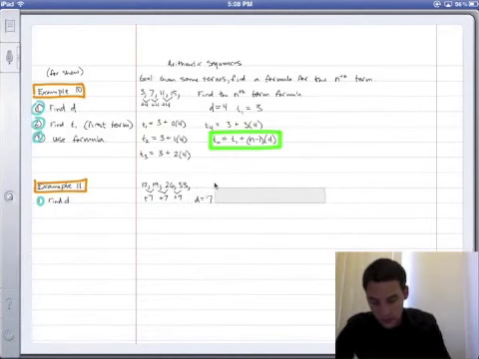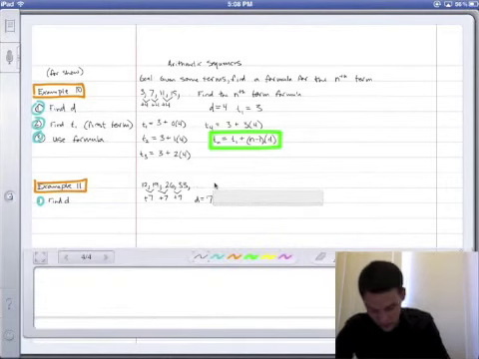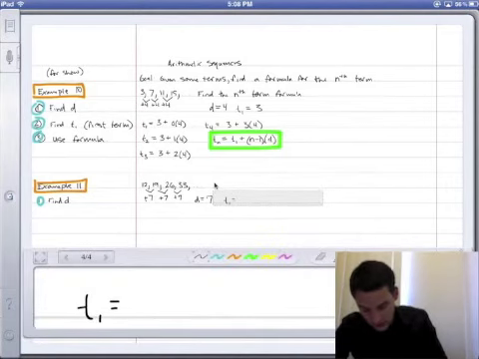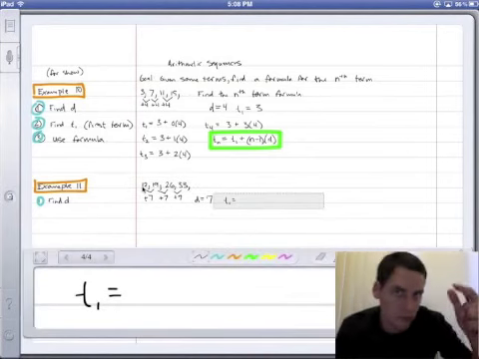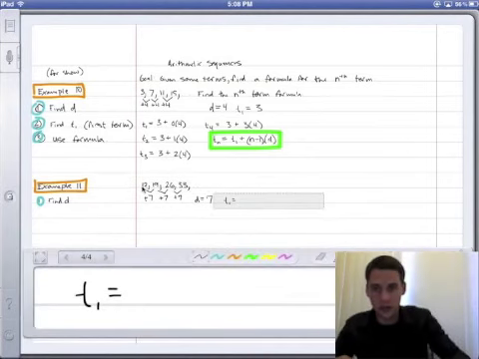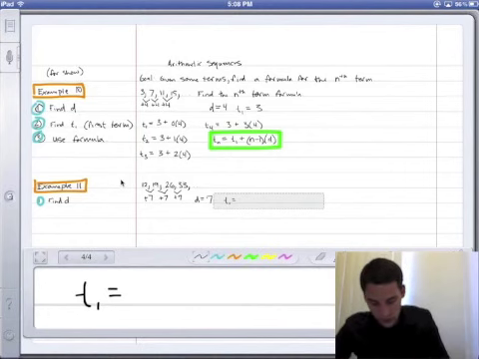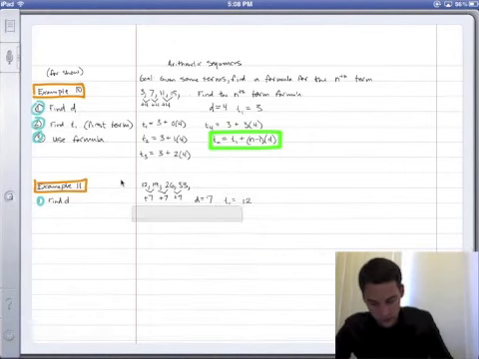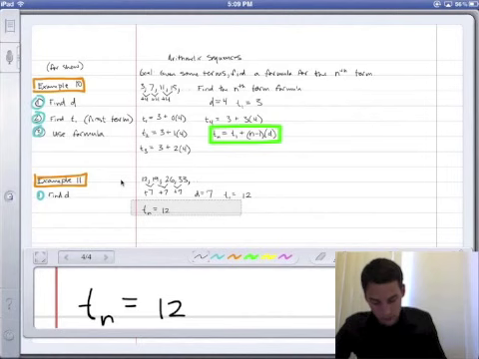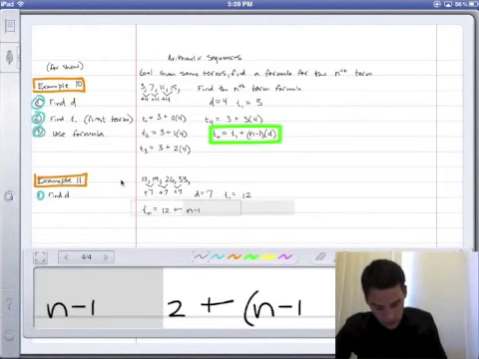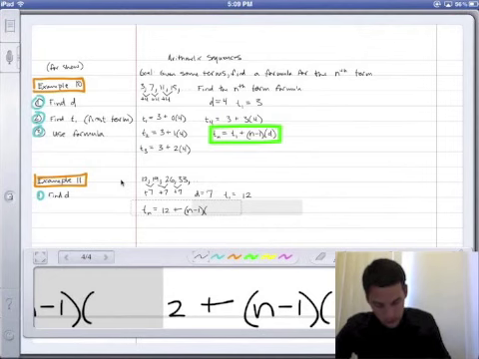The next thing I have to do is find the first term, t sub 1. And that's easy enough. All I have to do is look at my first term. Sometimes that won't happen, but we'll get to that. And then I can write my formula. T sub n equals 12 plus n minus 1 times d, which is 7.